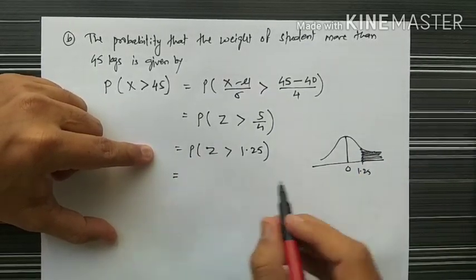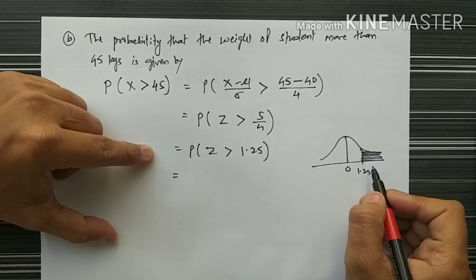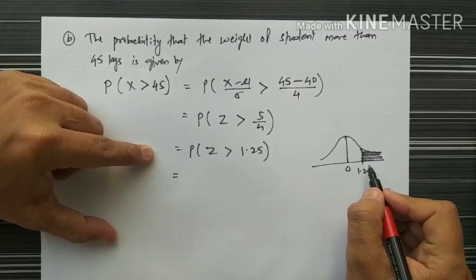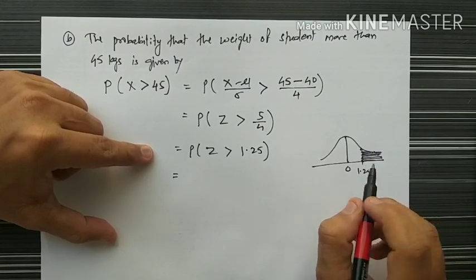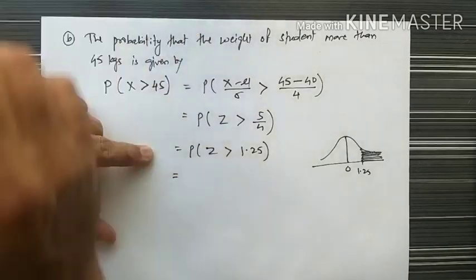We know that the probability of Z greater than 0 is 0.5, and it is given in the question that the probability between 0 and 1.25 for the standard normal variable Z is 0.3944.